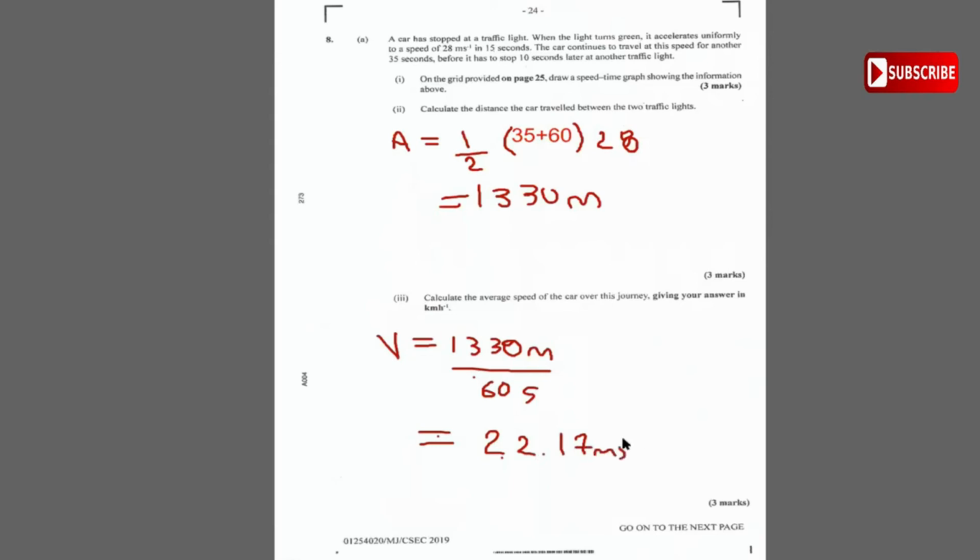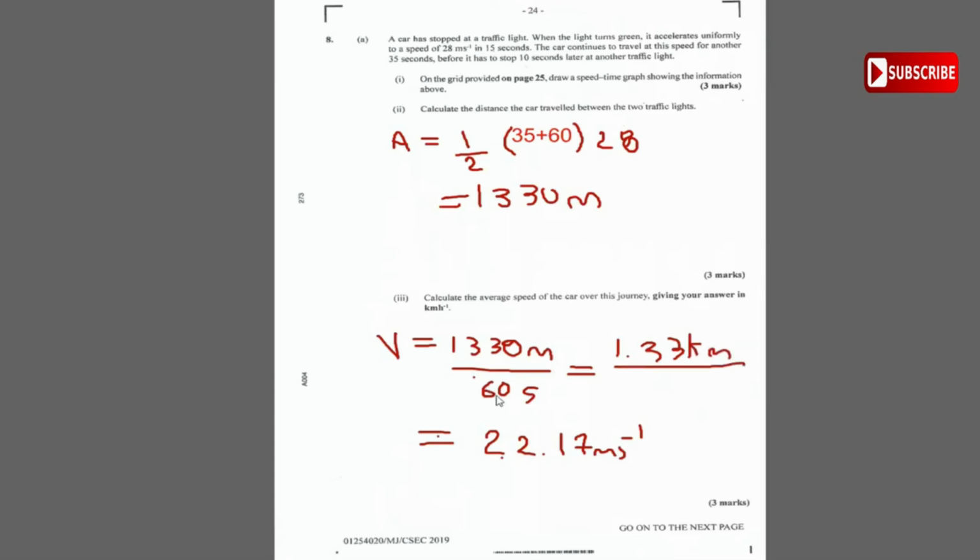But we want the average speed in kilometers per hour. So what we need to do is find out how many meters make a kilometer. You could actually convert it from here. You could think of 1,330 meters as 1.33 kilometers, divided by 60 seconds.